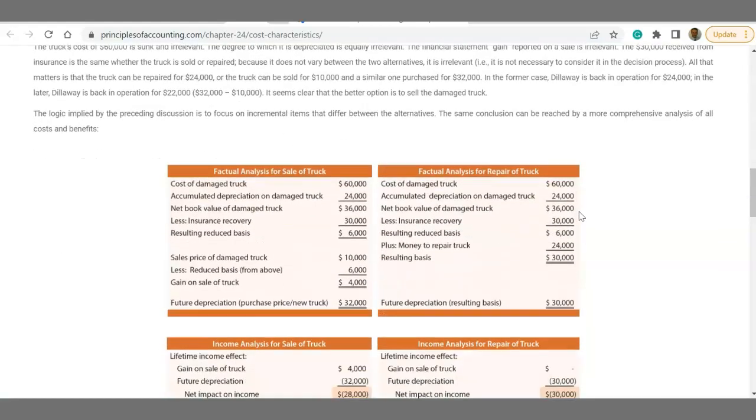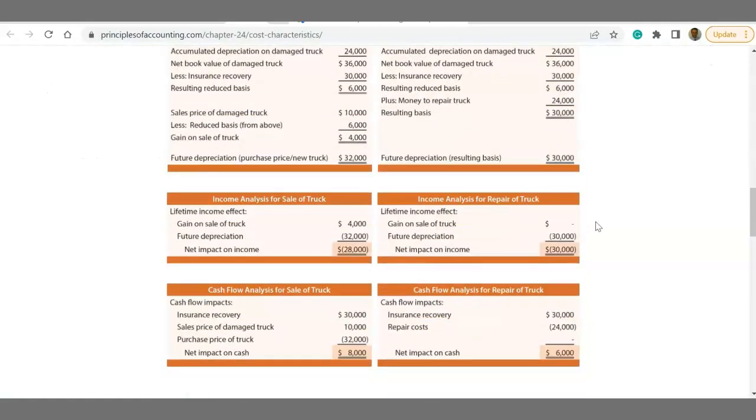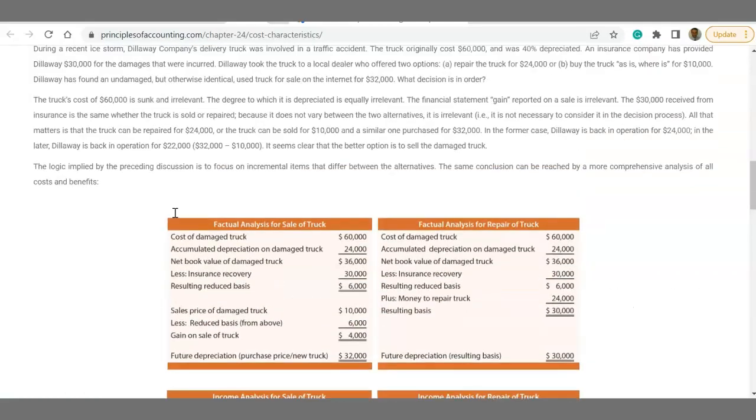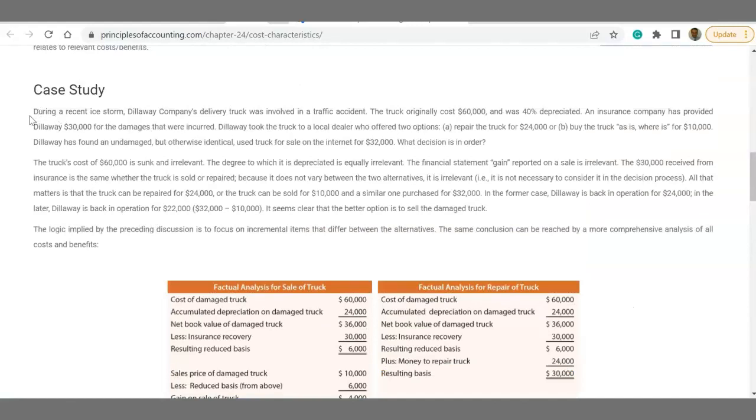Let's see. I have to read the case study because otherwise we cannot follow it. So let's go one by one. During a recent ice storm, the company delivery truck was involved in a traffic accident. The truck originally cost $60,000 and was 40% depreciated already. An insurance company has provided the company $30,000 for the damages that were incurred.